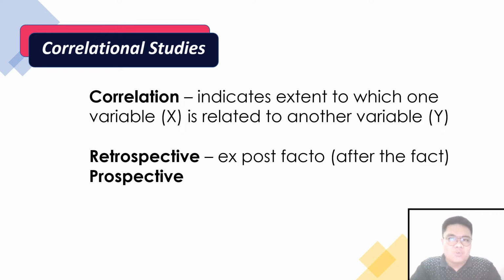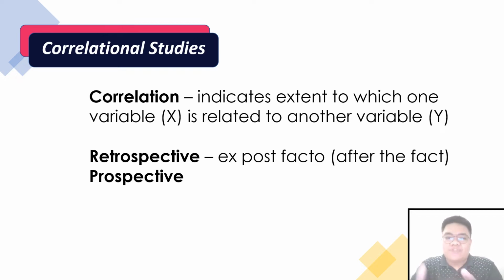Let's say I would want to know if the platelet levels of a patient who had dengue 3 weeks ago is still occurring up to the present. So a study from the past going towards the present is a retrospective study. That's why it's referred to as ex post facto. When I say ex post facto, after the fact, meaning the event is already done, I just would want to check what is the quantity of this event.